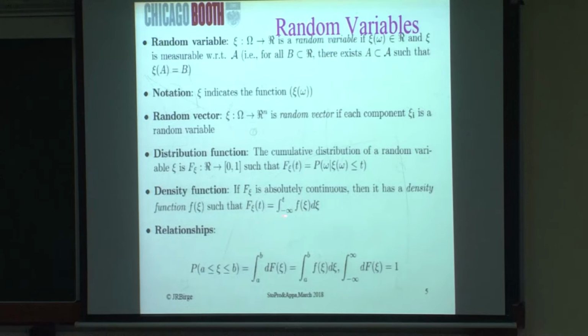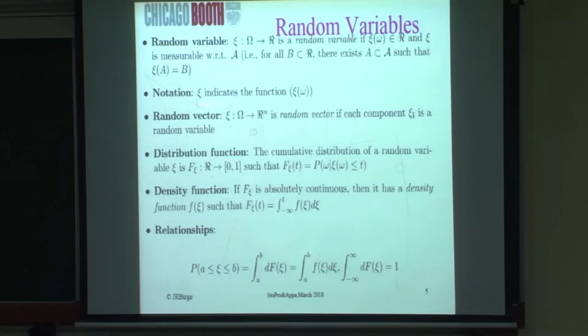So we can write F in this common way: it's just the integral from -infinity up to t of this density. Now, if it's a discrete random variable, I could also take the sum over all of the possible values that C might take on up until it gets to t, and that would be F.